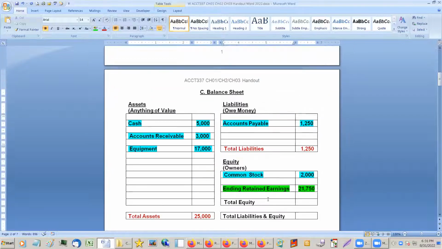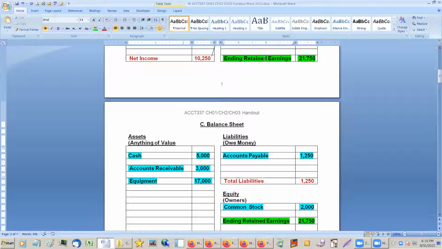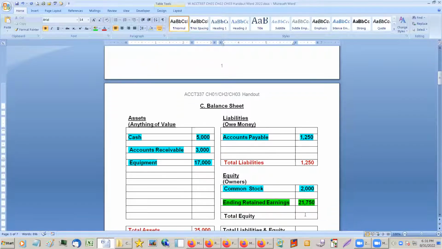Could zoom out a little bit, that would help. So these two are the same. This retained earnings is the owner's retained earnings. So the total equity is those two together, which is 23,750.